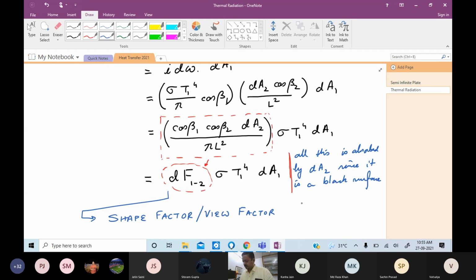Shape factor of dA1 with respect to dA2. What is it saying? If you look at this, sigma T1 to the power 4 dA1 is the total rate of radiant energy emitted by dA1, right?